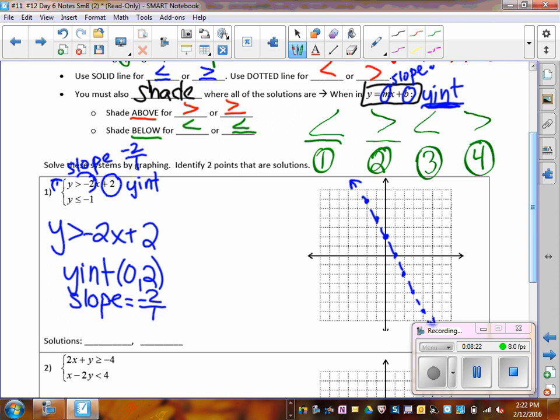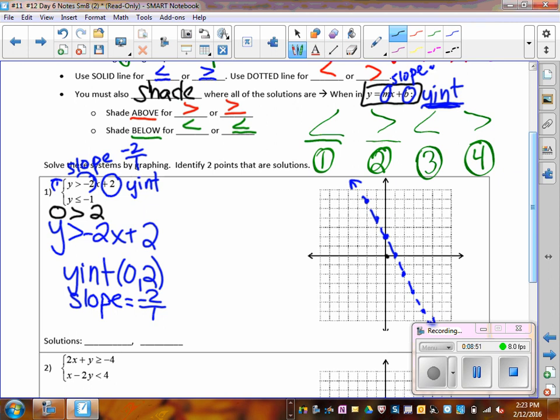So let's use a test point and see where that gets us. What point would we always use? The origin, right? That's the easiest one. So if I put 0, 0 into my equation, I get 0 is greater than, what's -2 times 0? 0. And 0 plus 2 is 2. Is 0 greater than 2?